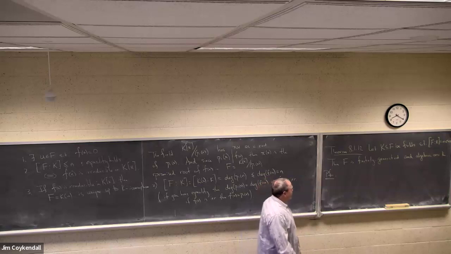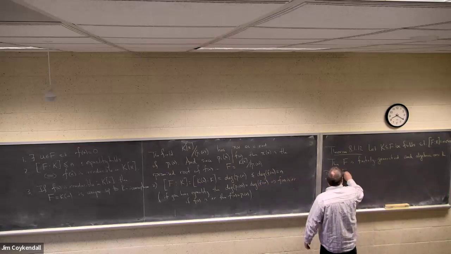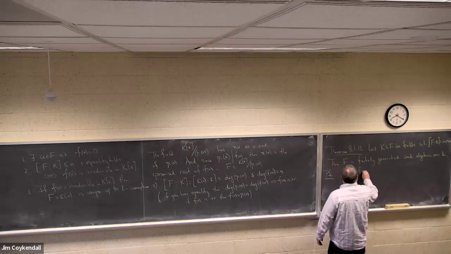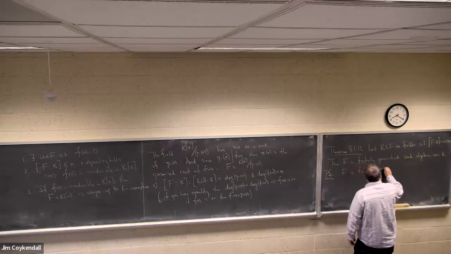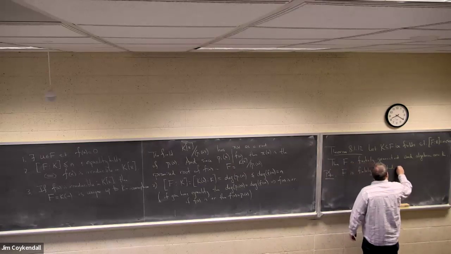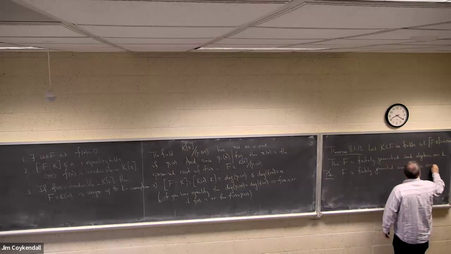Well, the finitely generated part is pretty easy because F is finitely generated over K as a vector space.